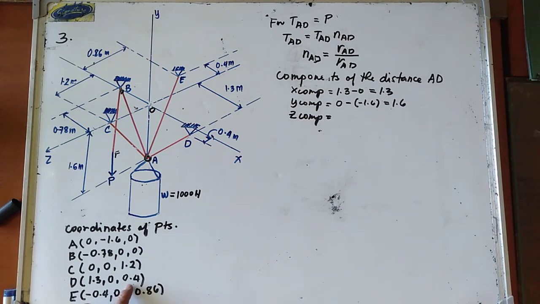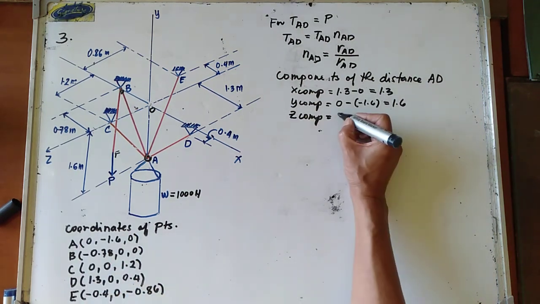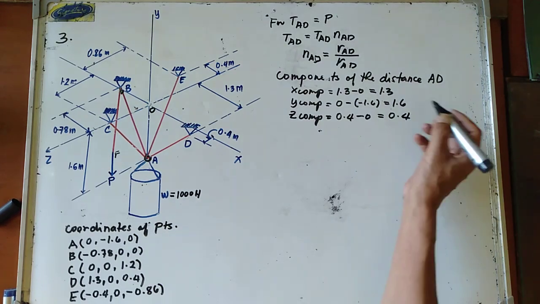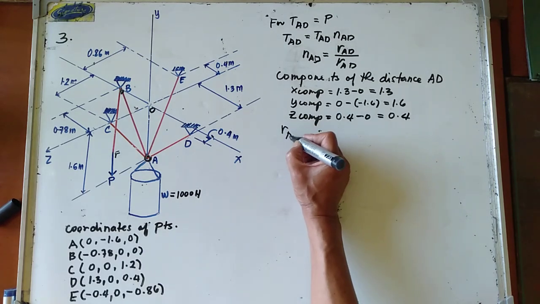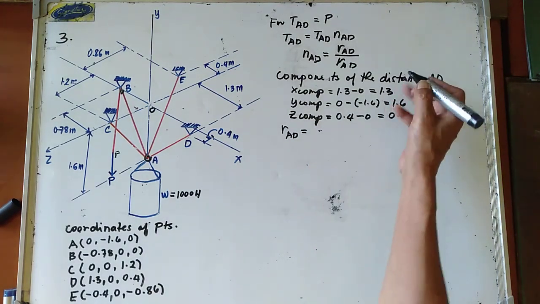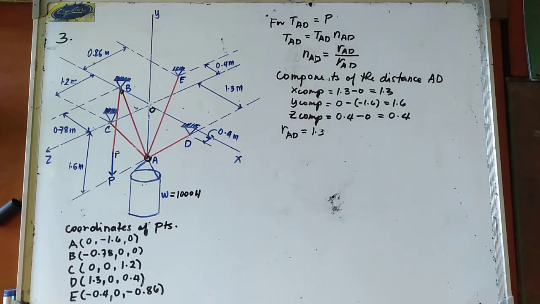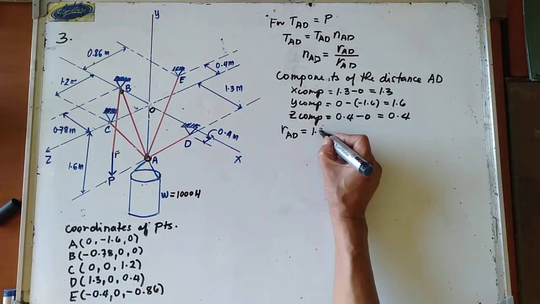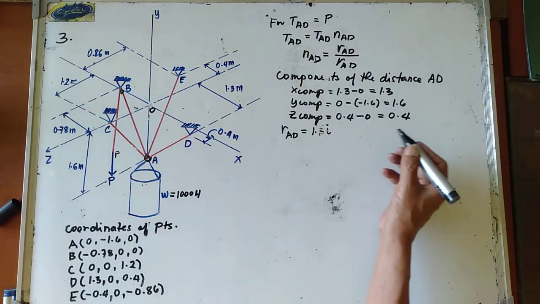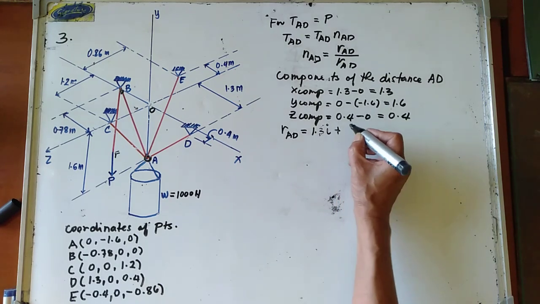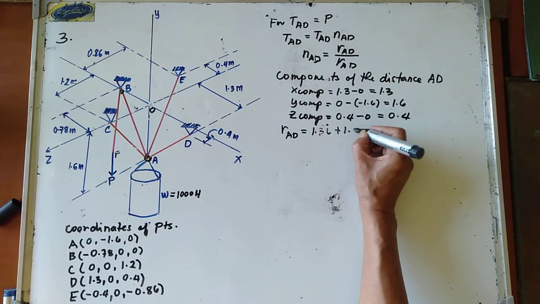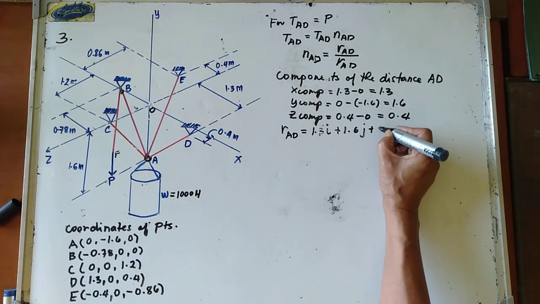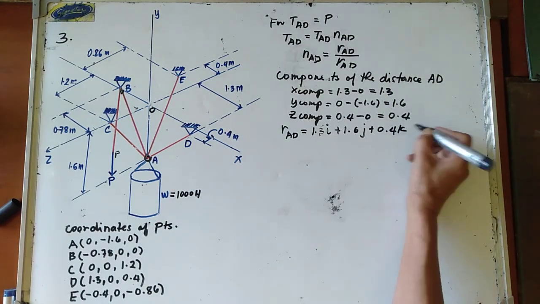And then 0.4 minus 0. So that is 0.4. So that your rAD is 1.3i plus 1.6j plus 0.4k.